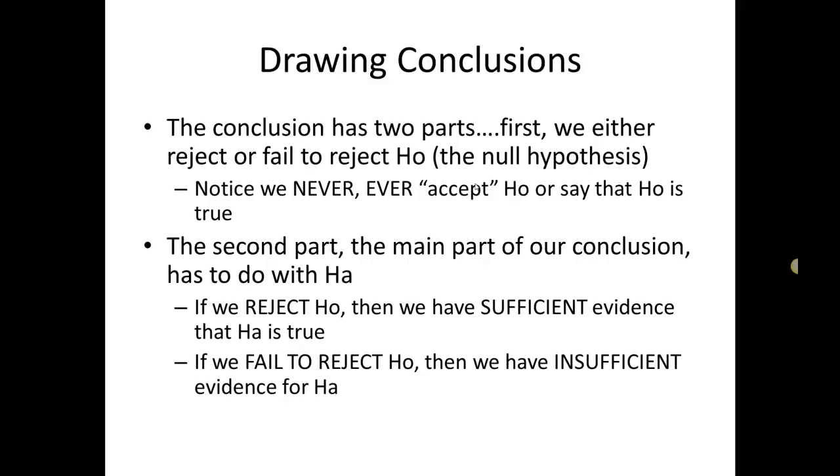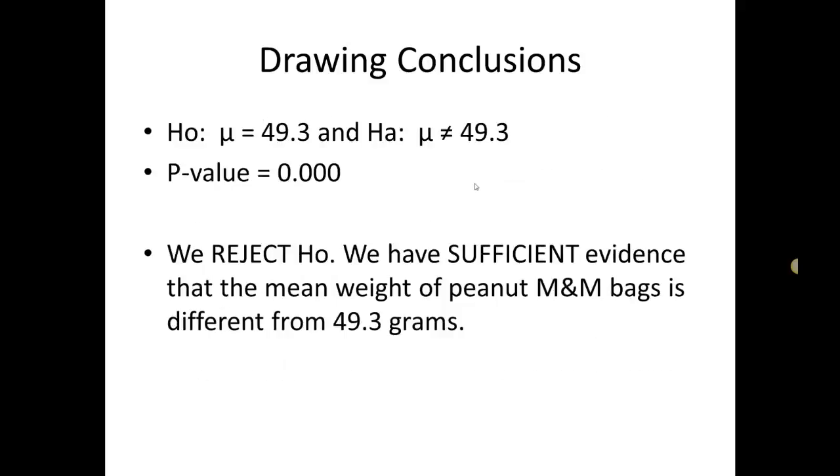Now, of course, when you're writing your real conclusion, you're not going to use HA, you're going to put what the alternative is in there in words. But if you remember, reject H naught means sufficient evidence for HA, and failing to reject H naught means insufficient evidence for HA, then that can help you determine what the correct conclusion is going to be.